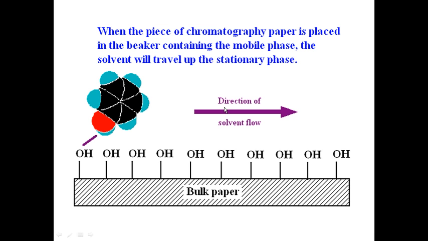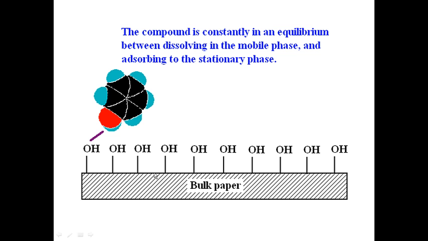So I'm looking at this sideways. When I put my plate into the beaker, the bottom is over here, and the solvent is going to move this way. As that solvent moves, there's going to be an equilibrium between the component being adsorbed onto the stationary phase and it being dissolved in the mobile phase.